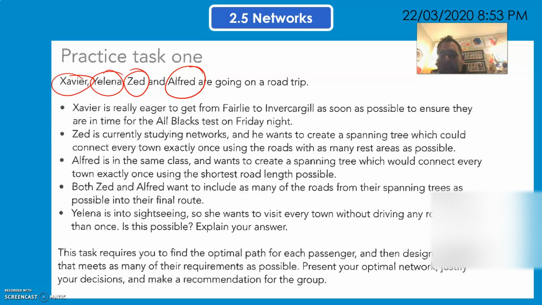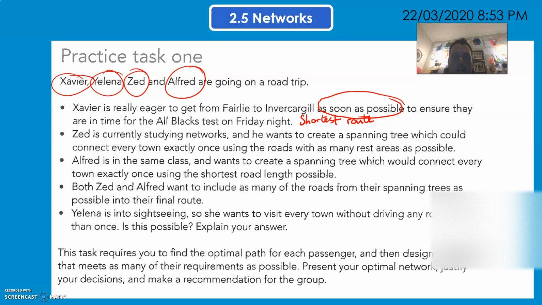So the key words there are as soon as possible. So this is your shortest route question. So if nothing else, you should think, got to find the shortest route between Fairlie and Invercargill.